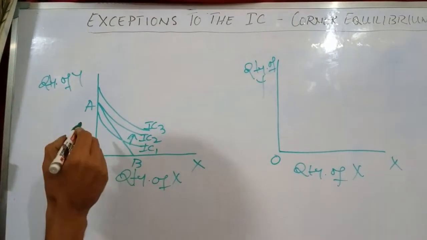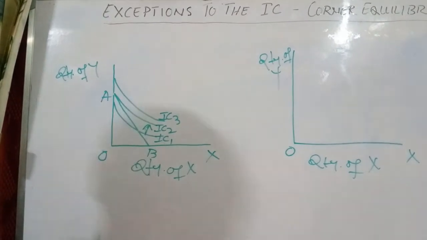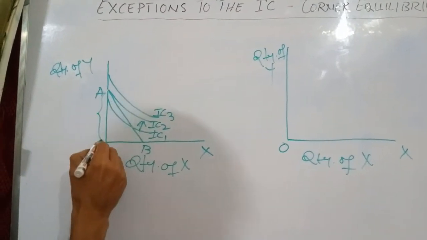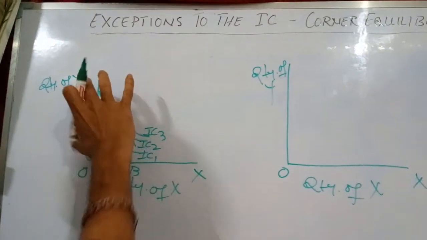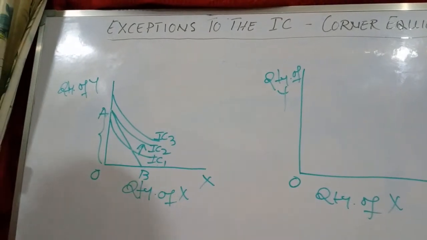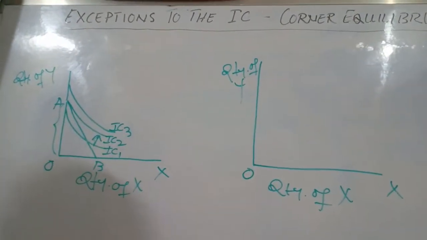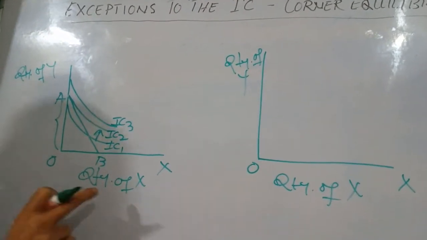Now see, IC2 meets the budget line at point A. That means the consumer is spending OA units on Y, spending all his money on Y, and he is not purchasing even 1 unit of X.